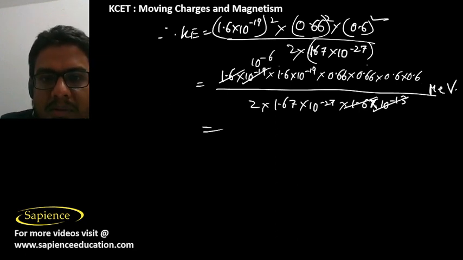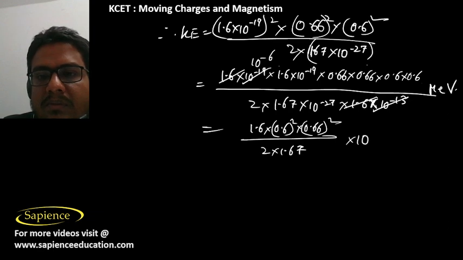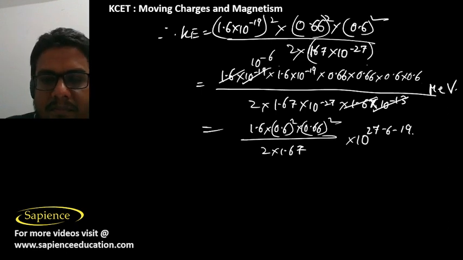So this will be 1.6 into 0.6 whole square into 0.6 whole square divided by 2 into 1.67 into 10 power 27 minus 6 minus 19, this much mega electron volt.